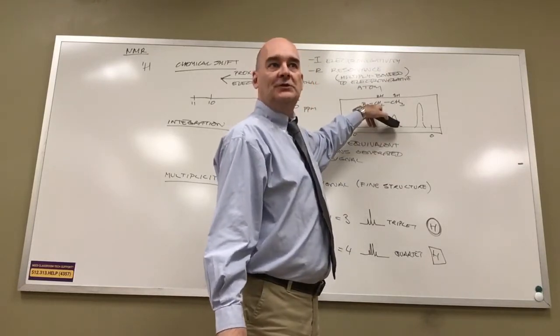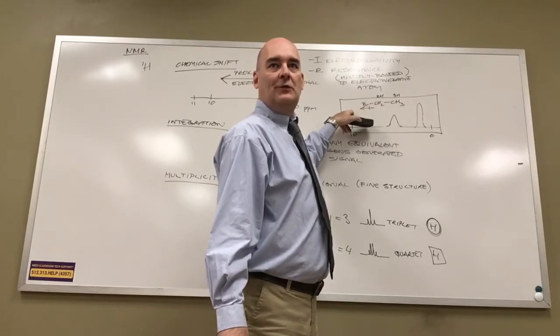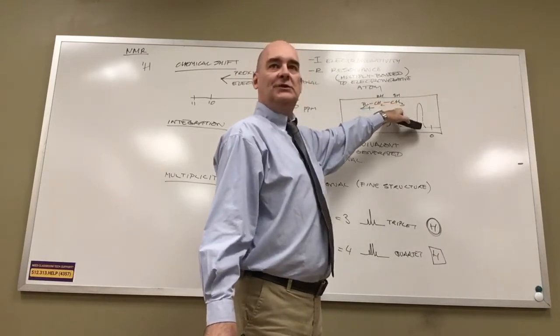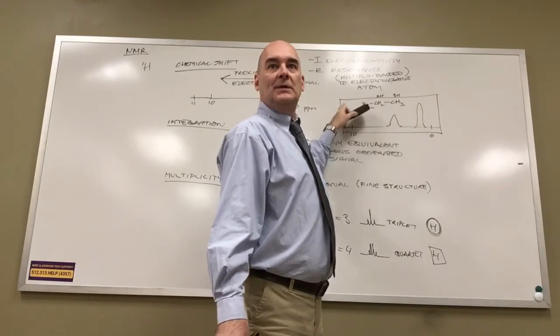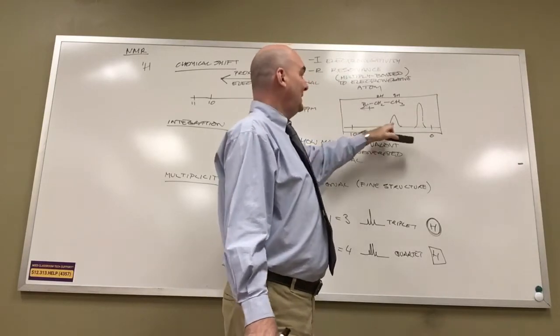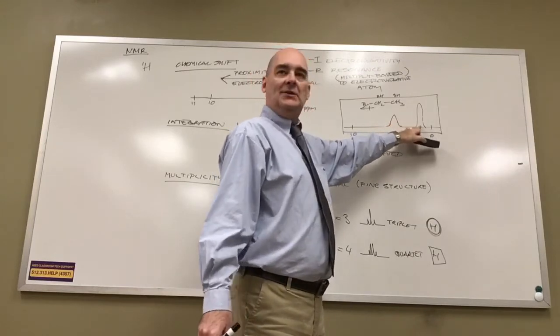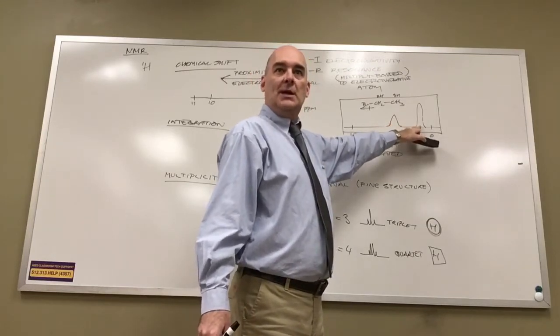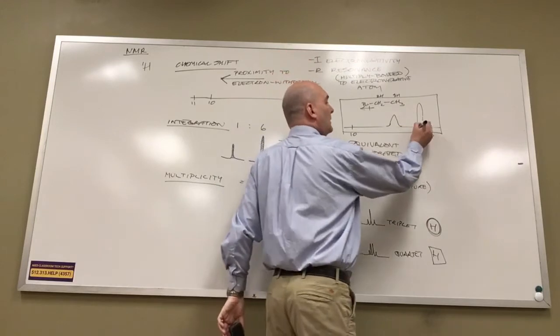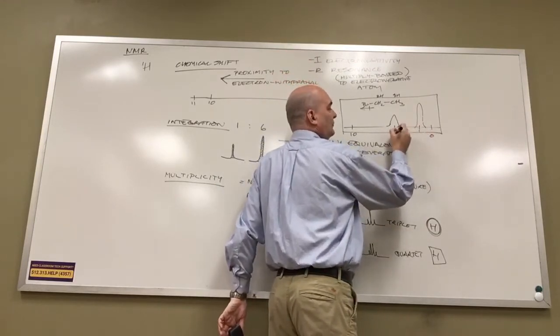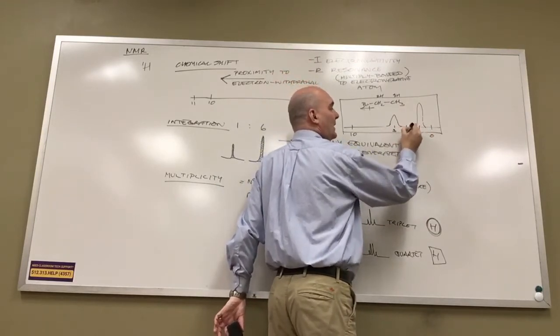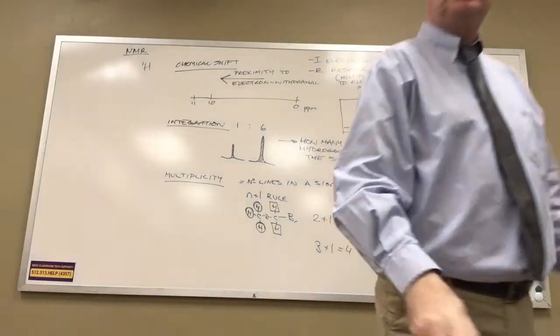These hydrogens are close to the electron withdrawal. These hydrogens are far away from the electron withdrawal, which means my CH2 goes here and my CH3 goes there. This might be 1, this might be 3, something like that, making a guess.